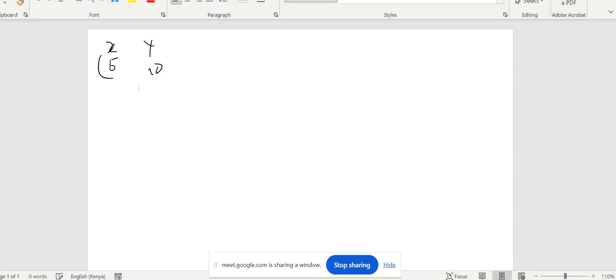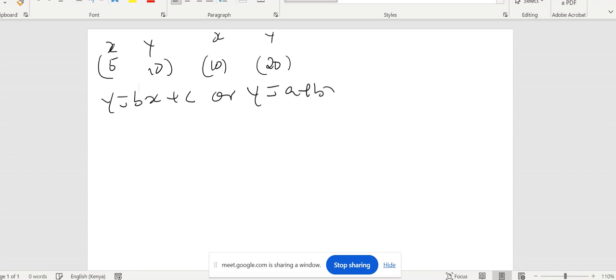Then we add here x, y, so this is 10, 20. Now you form an equation and say y is equals to bx plus c. I've introduced another one, which is a. I hope I'm not confusing you. It's the same as y is equals to a plus bx, or y is equals to mx plus c. So it's the same thing.